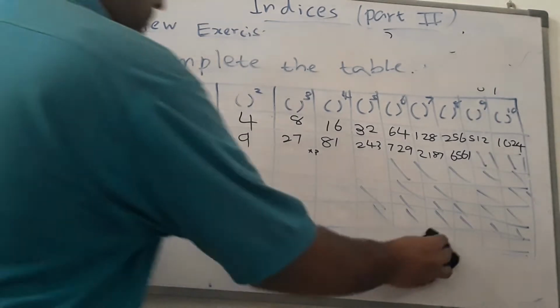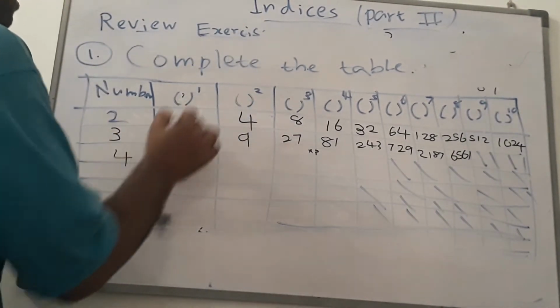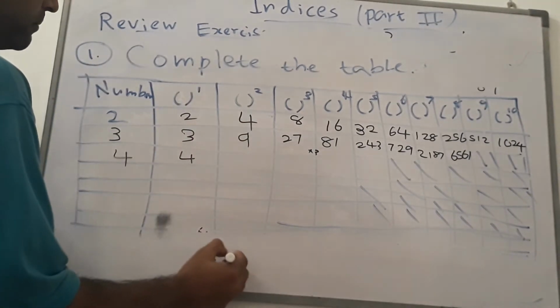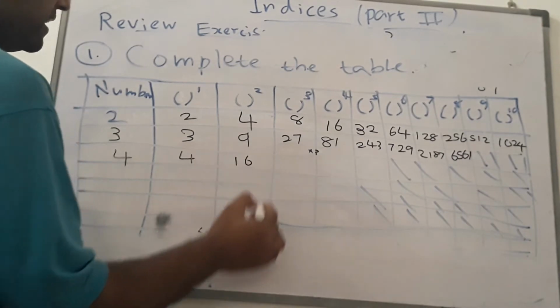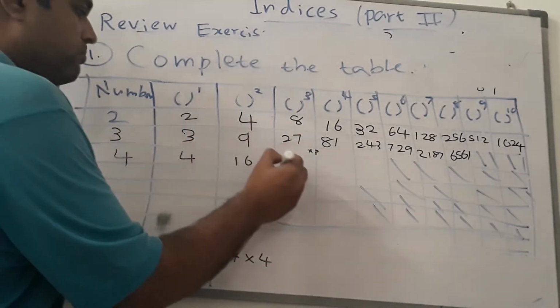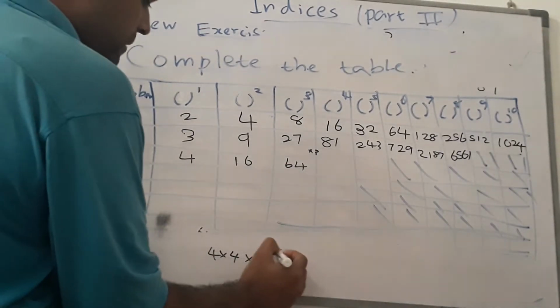Our next number is 4. So 4 to the power 1 means 4. 4 to the power 2 means 4 times 4, which is equal to 16. 4 to the power 3 means 16 times 4, which means 64. Check and see. 4 to the power 4 means you have to multiply 64 by 4.